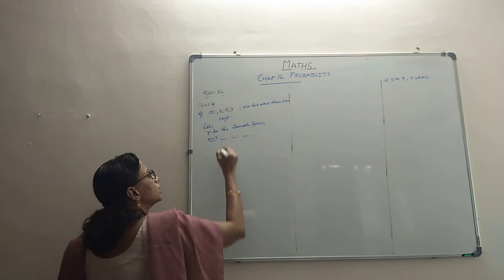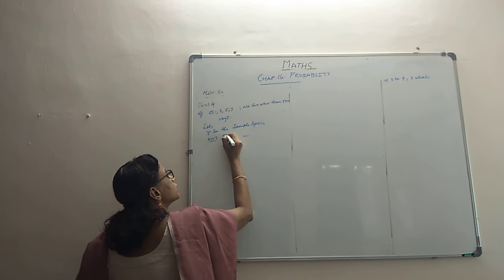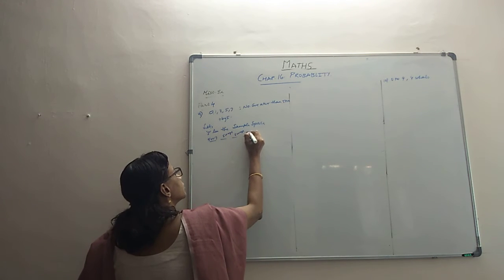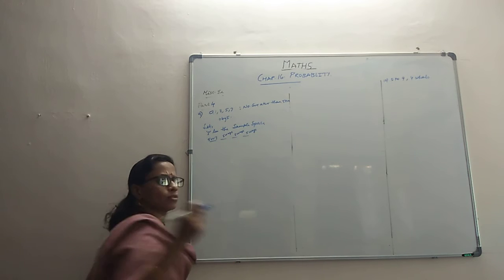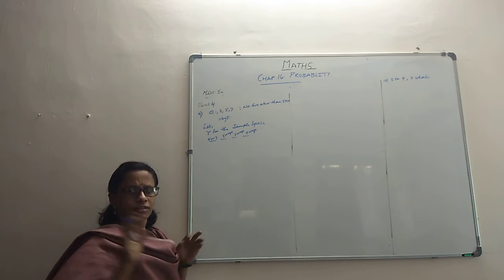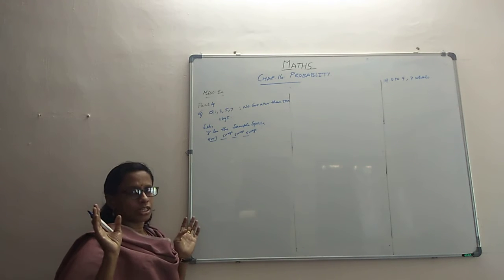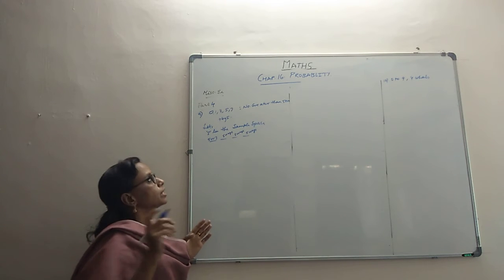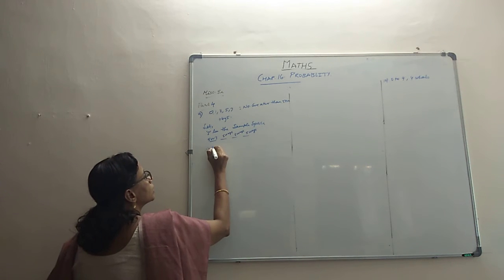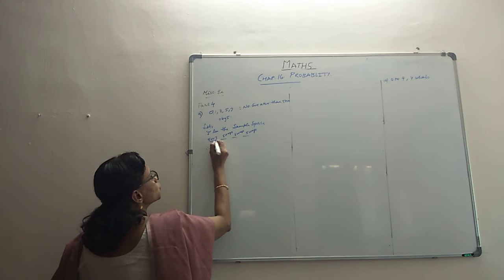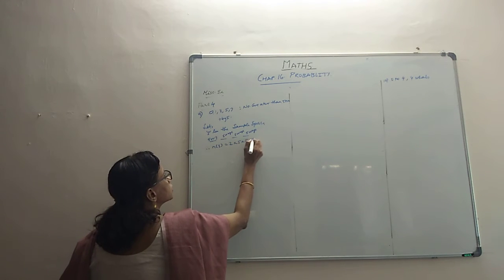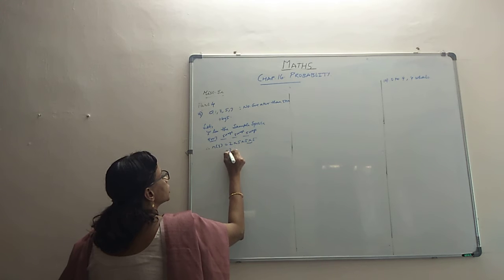The remaining can be filled by all 5 digits, 5 ways, 5 ways, 5 ways, because in the sample space we are not looking out for conditions. We are taking all possibilities. So n(S) will be 2 into 5 into 5 into 5, so 5 5s are 25, 25 into 10, 250.